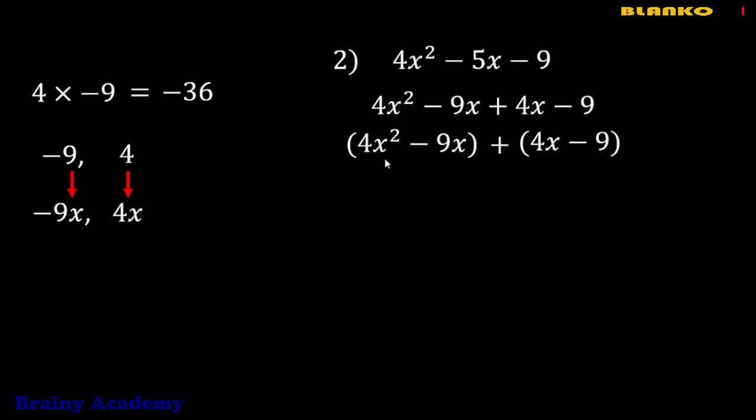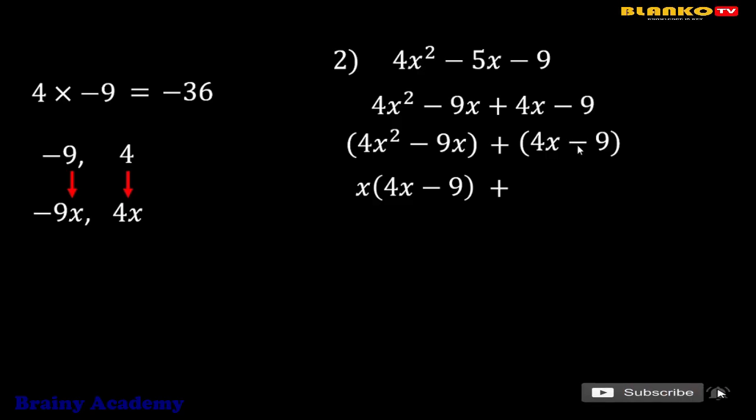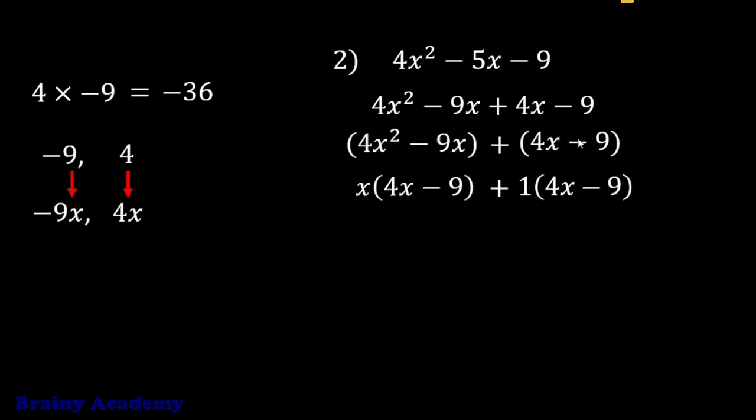Now let's factorize each group. We factorize 4x squared minus 9x, and that gives us x outside the bracket multiplying 4x minus 9. Then we factorize 4x minus 9, and that gives us 1 outside the bracket multiplying 4x minus 9.